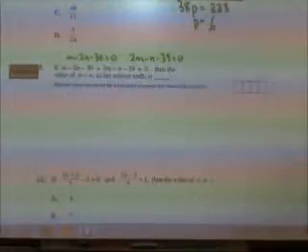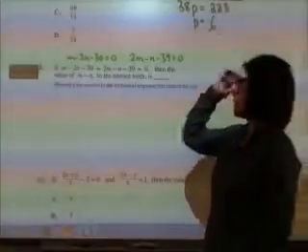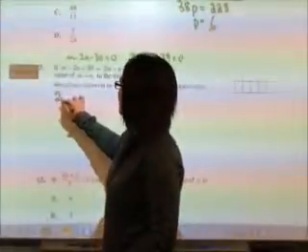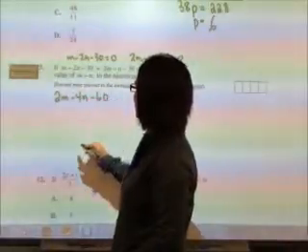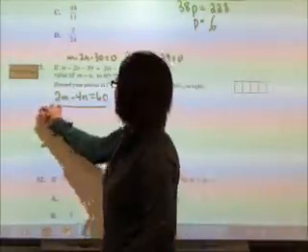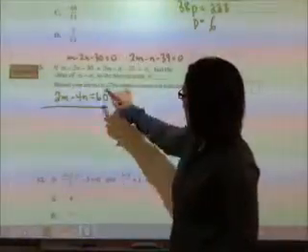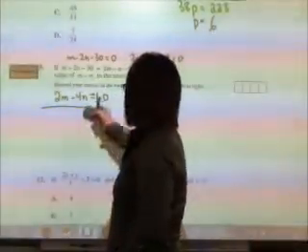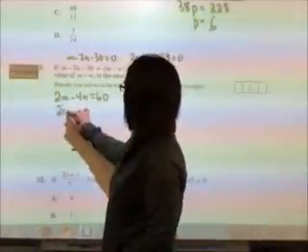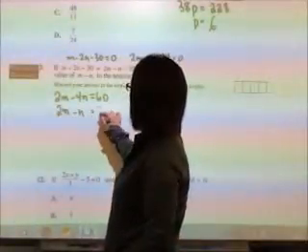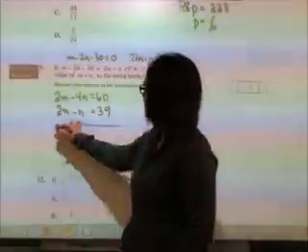So I could multiply the first equation by 2. 2m minus 4n equals 60. And then I would leave that equation as 2m minus n equals 39.